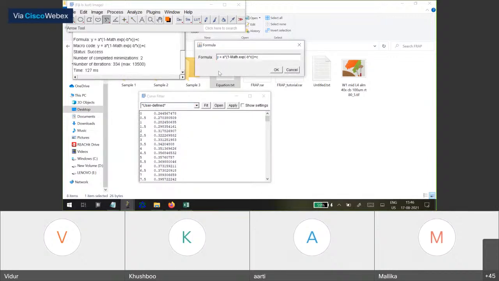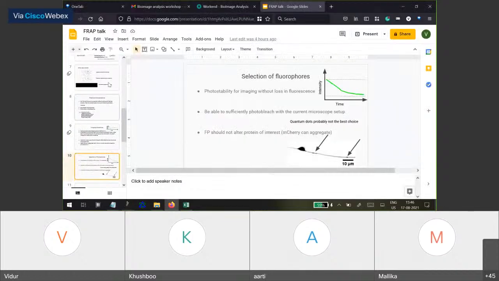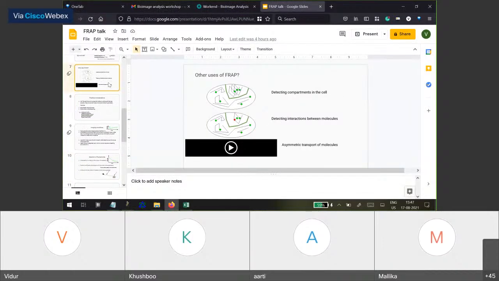I had shown you previously that the recovery profile is modeled by this formula. I'll go back to this slide so it's a little easier.